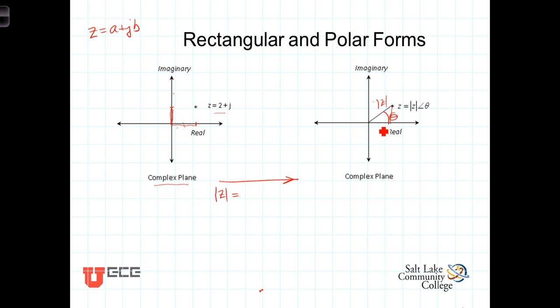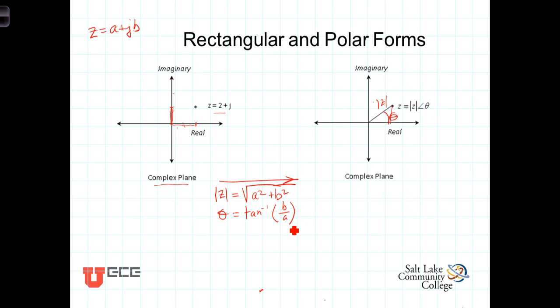Well, this is a, so it would be the square root of a squared, and the distance along the imaginary axis is b, so a squared plus b squared. And theta, the angle, is equal to the inverse tangent of the opposite over the adjacent, or the inverse tangent of the imaginary over the real, or b over a.